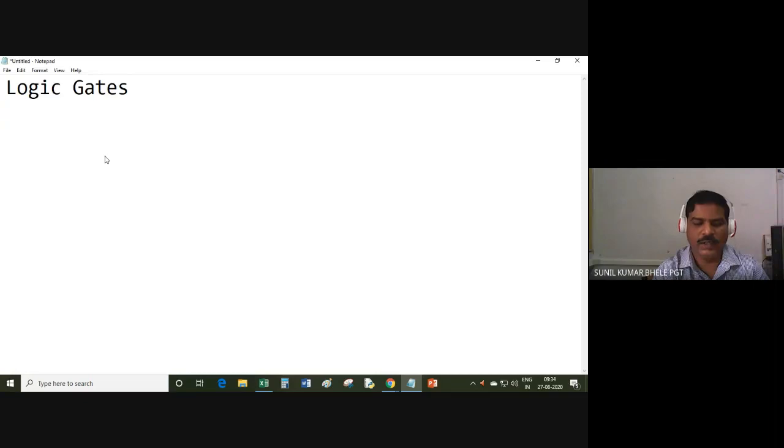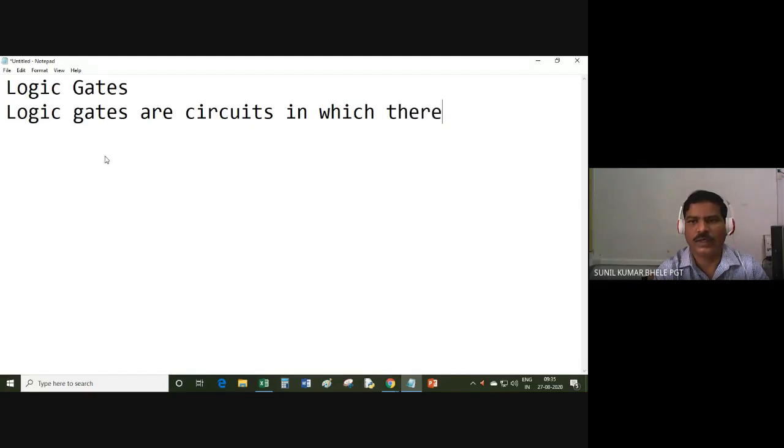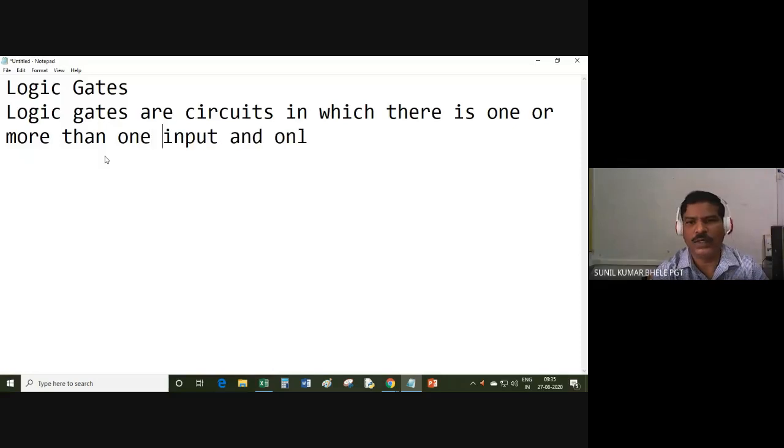So logic gates are nothing but logic circuits. Logic gates are circuits in which there is one or more than one input and only one output.